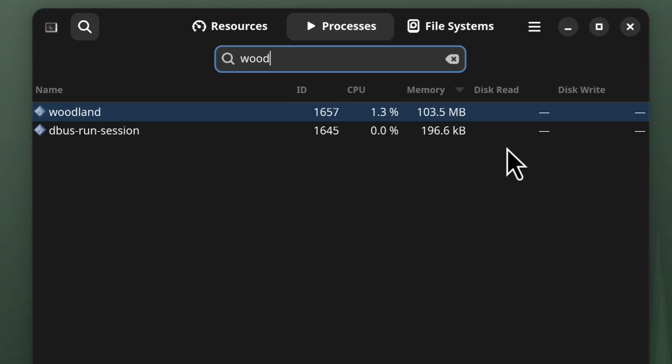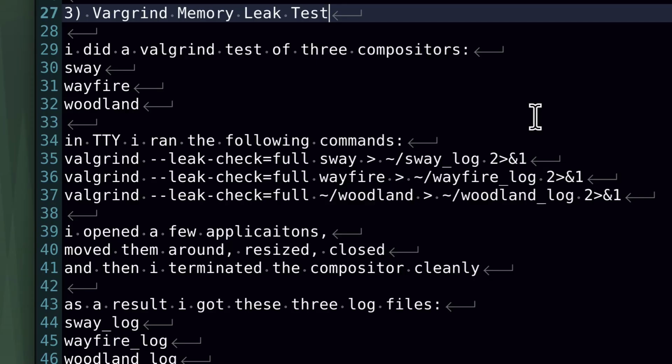But I would like to also show you some more advanced tests to discover if there are any memory leaks. So I used Valgrind to determine if there is any difference in memory leakage between my compositor and other well-known compositors.